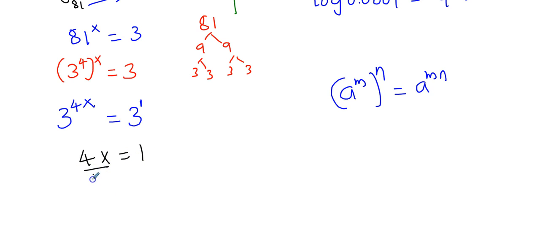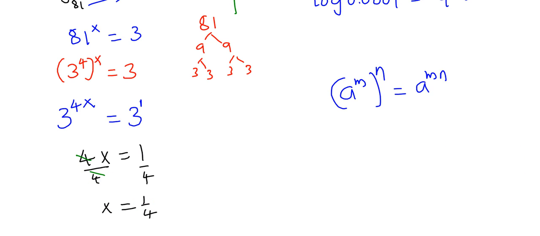Solve for x, that is divide by 4 on both sides. Because of this multiplication, the opposite is division. I divided on both sides by 4, leaving behind x equal to 1/4. The 4 and 4 cancel here, so x equals 1/4.